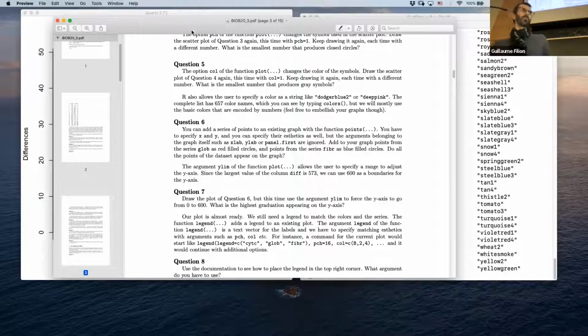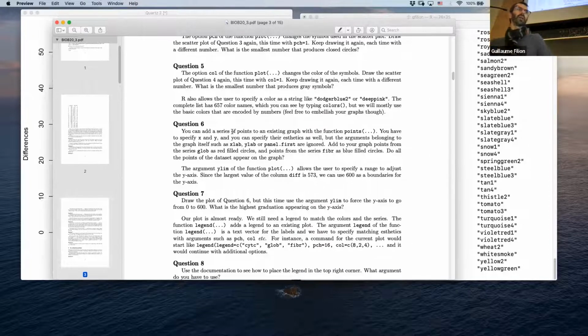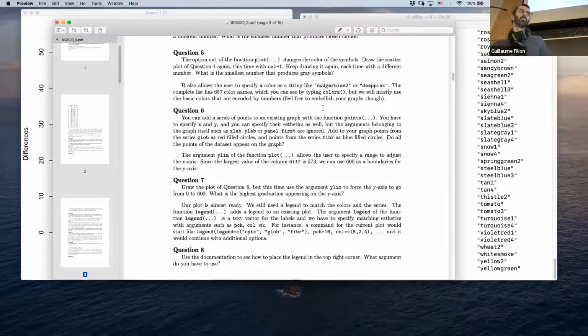Okay, so we know how to change the color now. You can add a series of points to an existing graph with the function points. Okay, so plot is to get started, like it gives you a new plot with new axes, etc. Calls the grid if you want, etc. But also erases everything, tabula rasa, and then makes a new plot. But if you want to take an existing plot and add on top of it, you'd switch function and you'd use the function points, not plot.